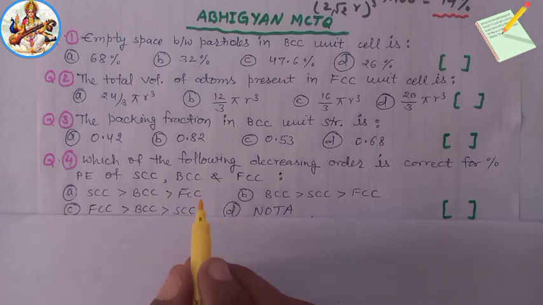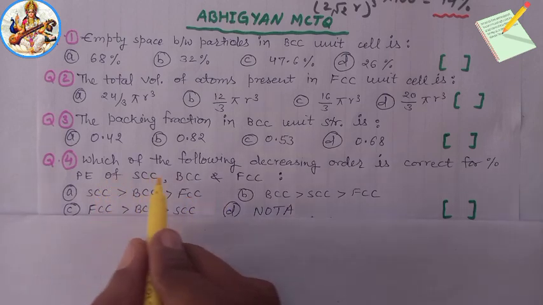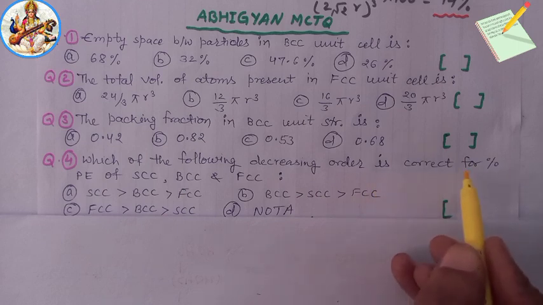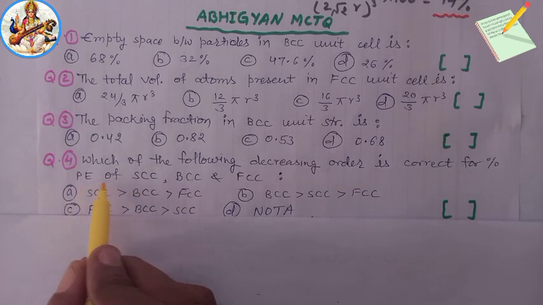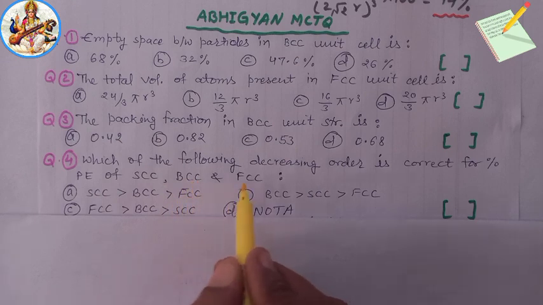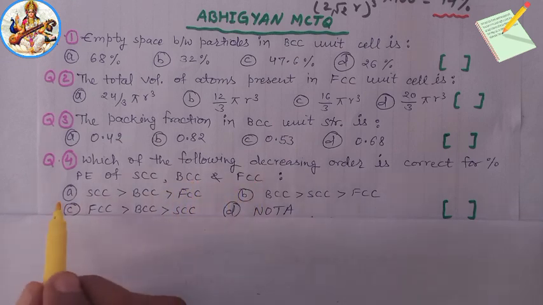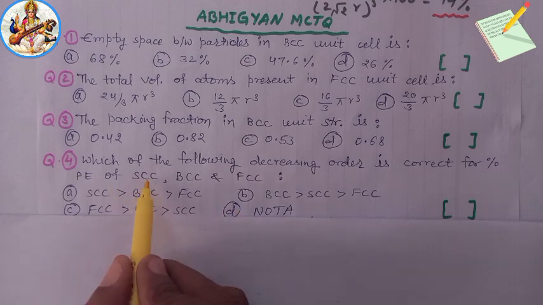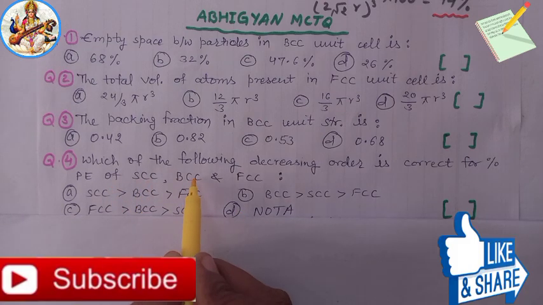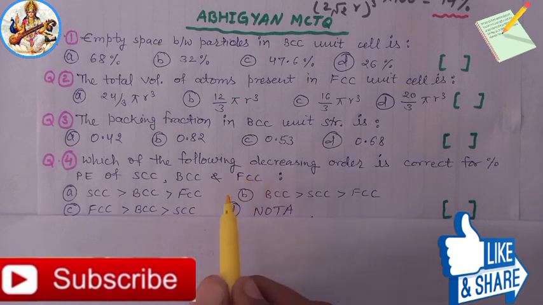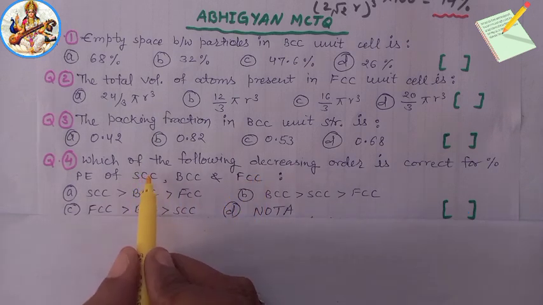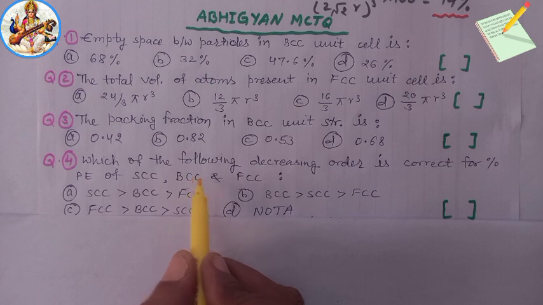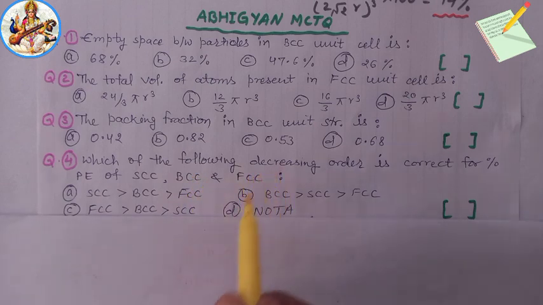Now next, fourth question, very important. Which of the following decreasing orders is correct for percentage packing efficiency of SCC, BCC, FCC? Option A, B, C and D. We know that percentage packing efficiency of SCC, BCC and FCC is 52.4%, 68% and 74% respectively.